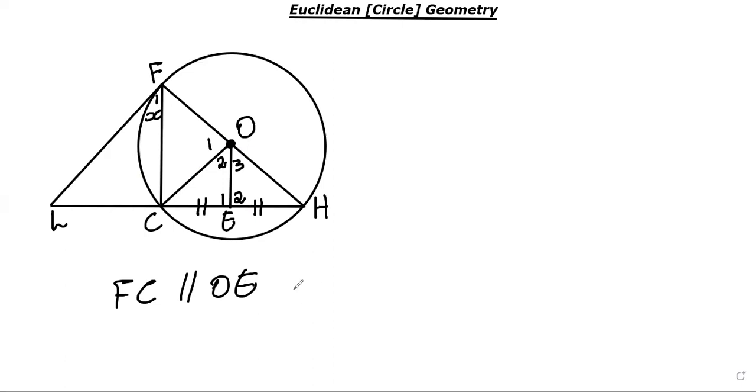So let's go ahead. Let's start by showing that the corresponding angles are equal. So look, we tell them that angle FCH, which is this angle, is equal to 90 degrees.